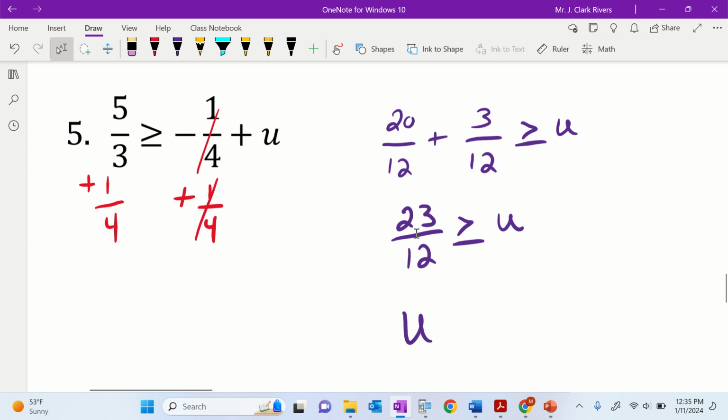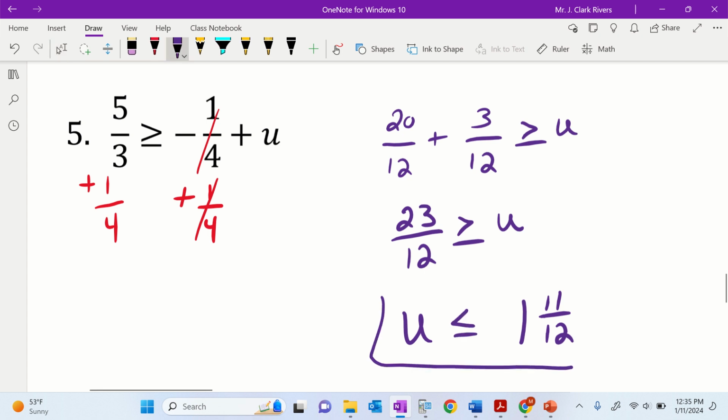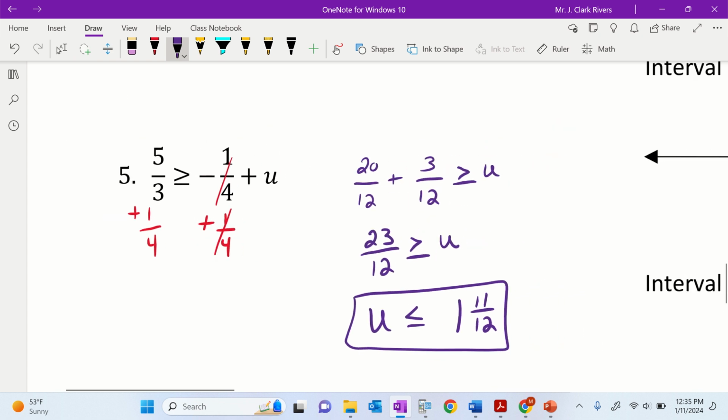You'll see why in just a second. 24 twelfths would be 2, so this is going to be 1 and 11 twelfths on the right side. And when we flip the u and the 23 twelfths, we have to also flip our sign. So there you go. U is less than or equal to 1 and 11 twelfths.